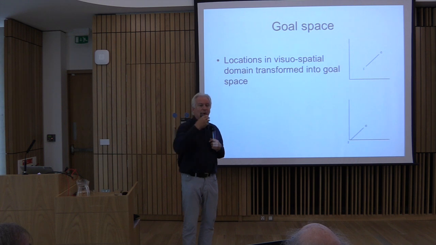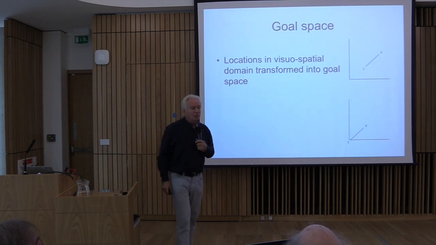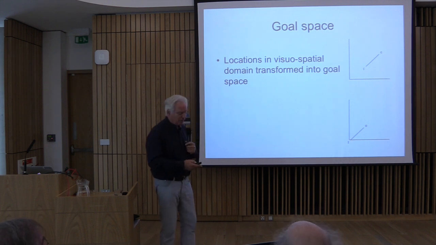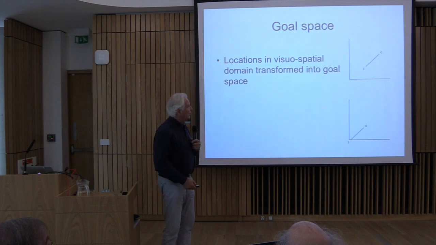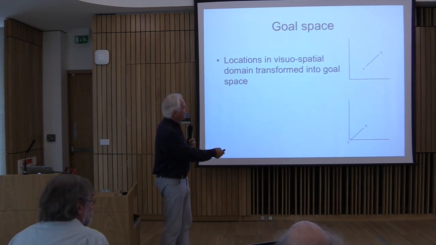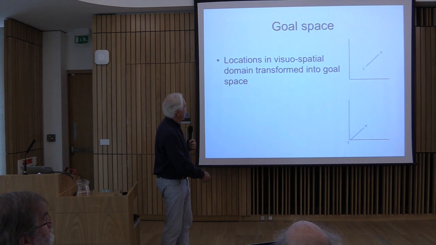So I form this goal of moving here, and I may encounter obstacles and so on my way. But, I mean, this is a simple problem in robotics to form this goal vector. So what you do is basically you transform your vector in space into a vector in goal space.